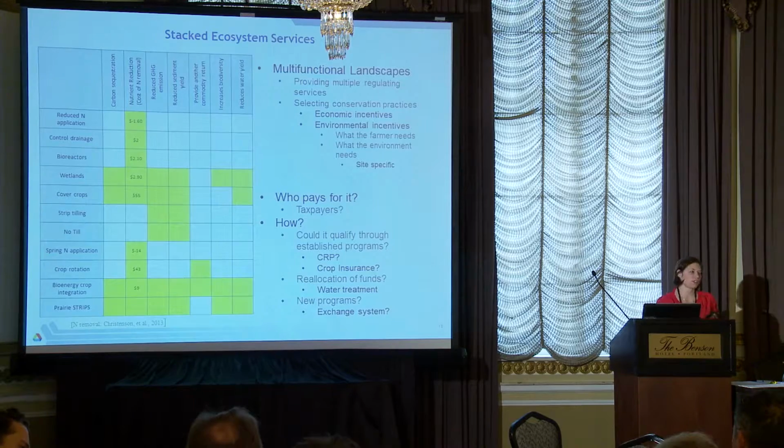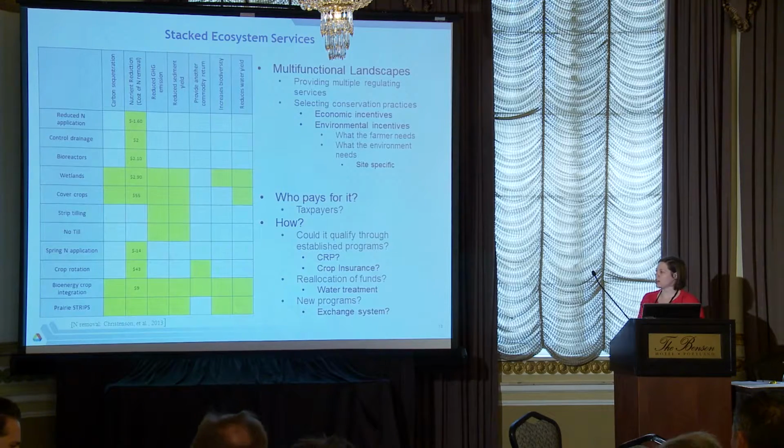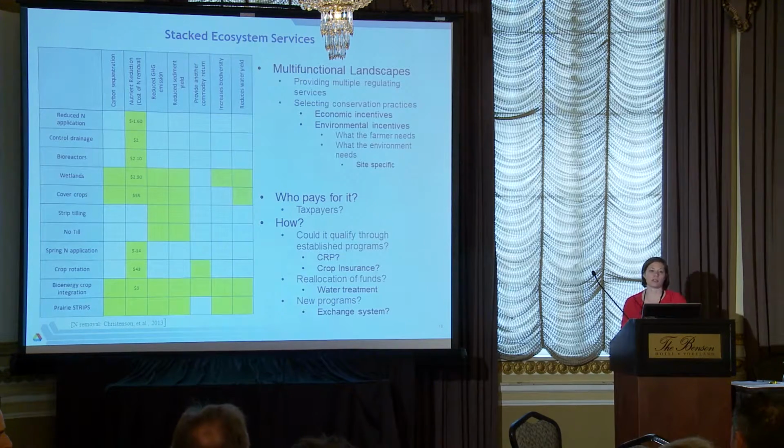What about crop insurance? In Iowa, for instance, they're beginning to have discussion about subsidizing these marginal areas. And so could that be a potential for farmers to rethink about planting these marginal areas with grain crop or something else? Or could it be a reallocation of funding?